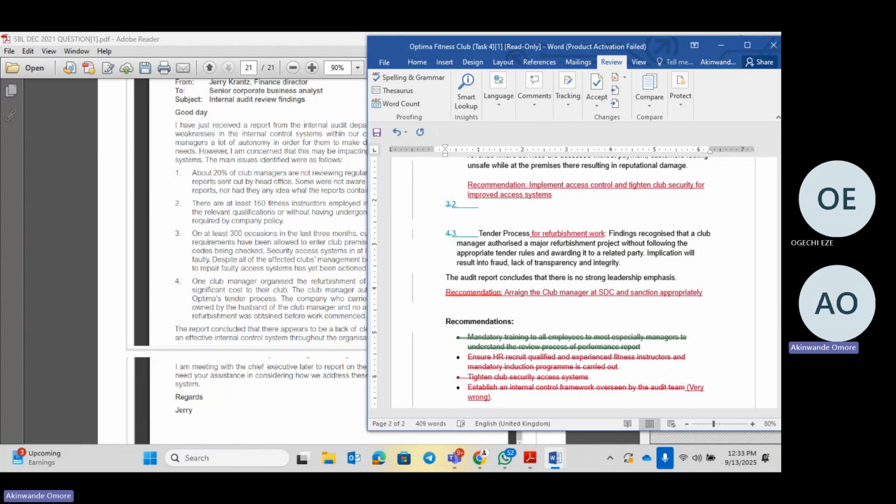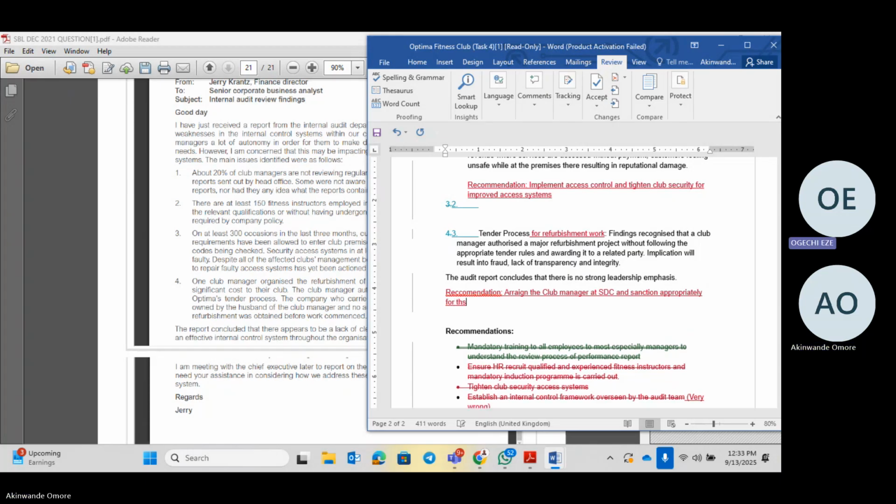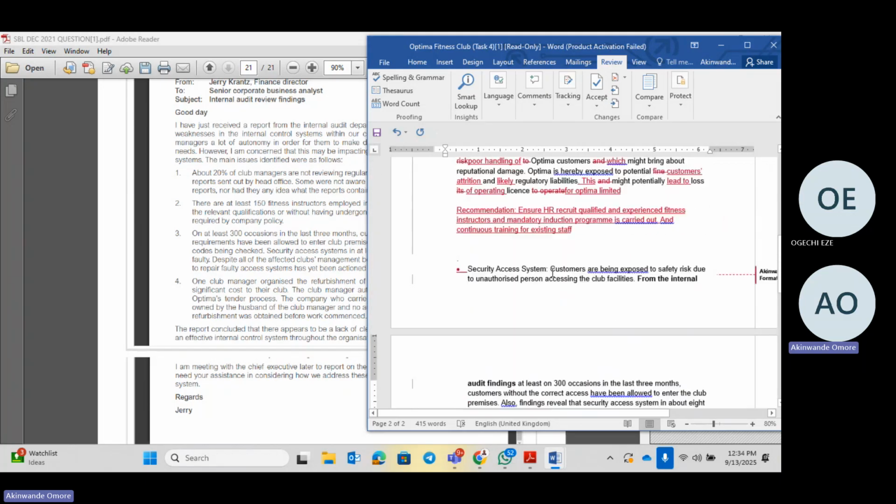That is fraud now, because they did shabby work with a significant amount of money. Breach of established control, isn't it? Yes. Let me save it and share it.